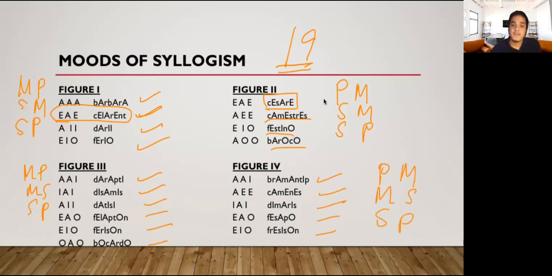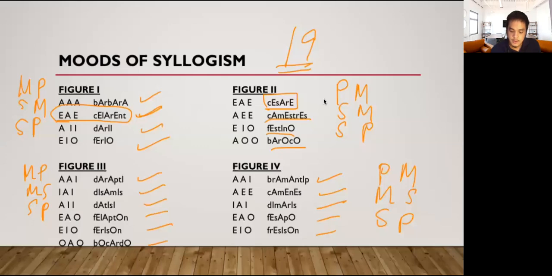Okay, now notice that there are possible similarities among the moods in these 4 figures. Like for example, EAE is found both in the first and the second figure. But are they the same? Can we just say EAE?